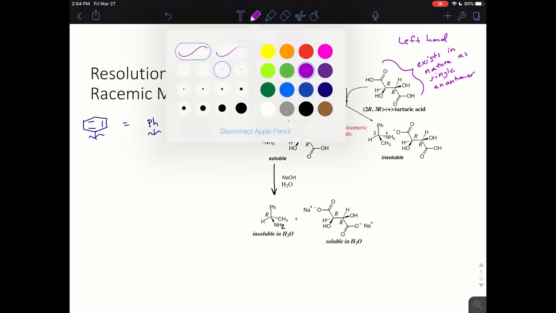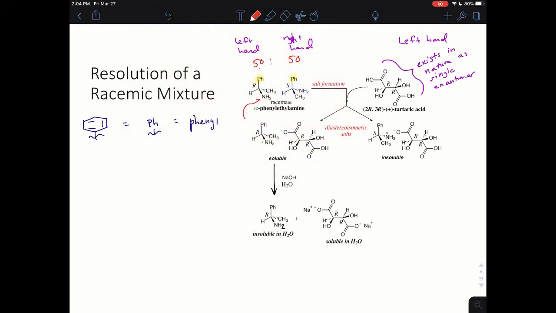Now, what's really important here is that this molecule that we are thinking about resolving is an amine, and amines are basic. Tartaric acid is an acid. You can see this carboxylic acid functionality here, and so they undergo a proton transfer reaction.